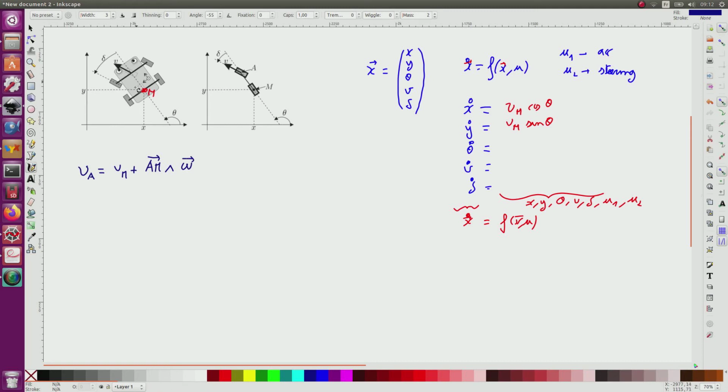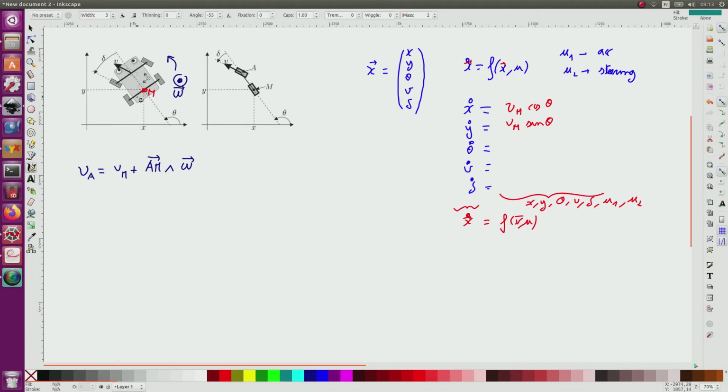So omega, in this configuration, since my car is now turning in this way, I will have omega like this, in 3 dimensions. So omega is called the instantaneous rotation vector of the car. So I will apply this formula, but I will express it in the frame of the car.